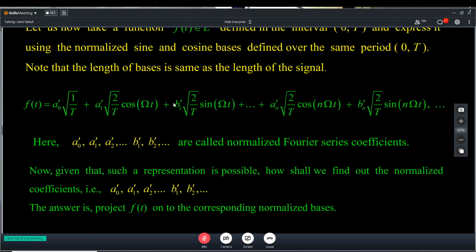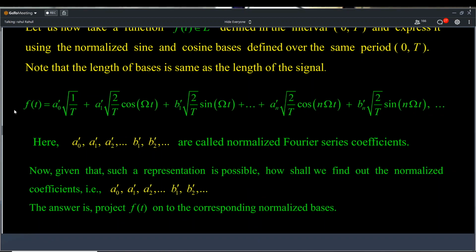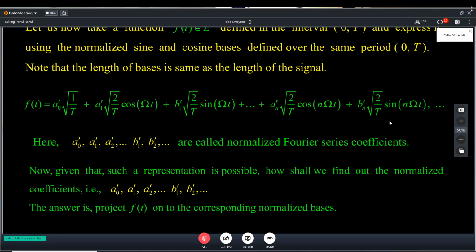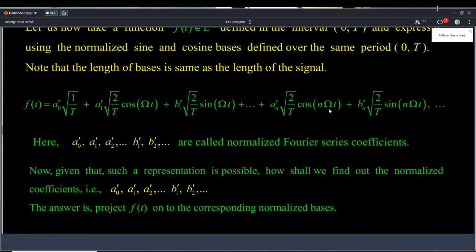What is the difference between the previous representation of the Fourier series and this representation? In the previous representation, we had only cosine of omega 0 t, cosine of 2 omega 0 t, sine of omega 0 t, sine of 2 omega 0 t, whereas now there is the normalizing factor under root of 2 by T and under root of 1 by T.